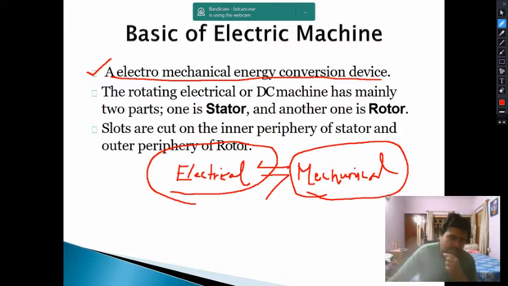When energy is converted from electrical energy to mechanical energy, it is known as a motor. And if it is a conversion from mechanical to electrical energy, it will be a generator.